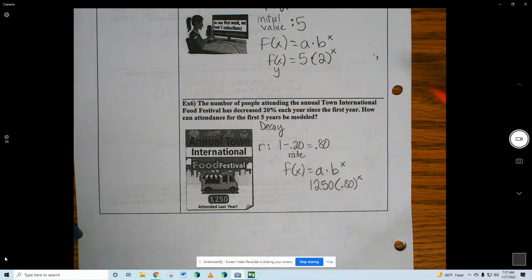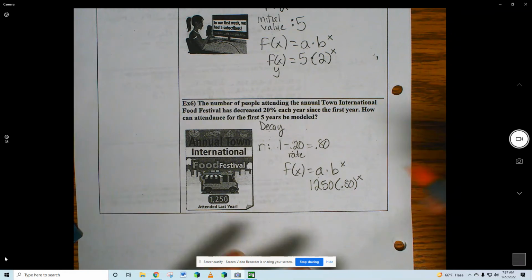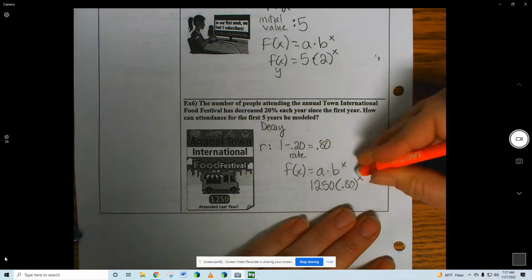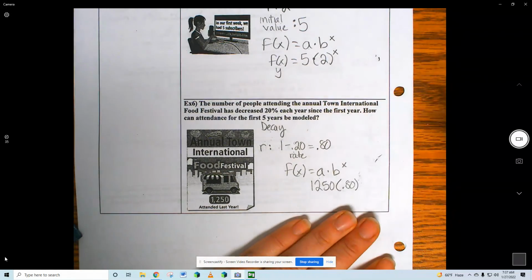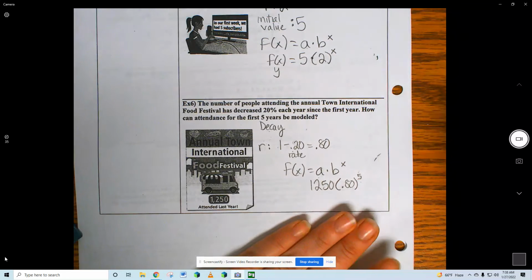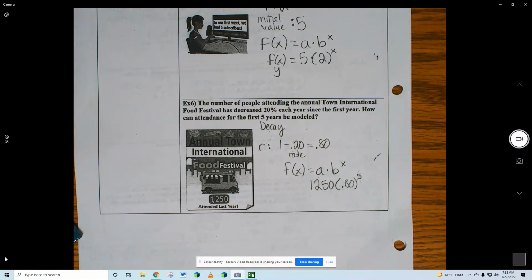How can attendance for the first 5 years be modeled? Replace x with a 5. Go ahead. Get on your calculator.